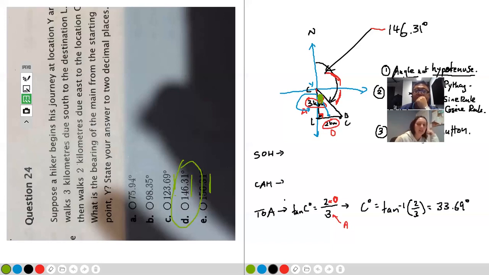If the question said state your answer to the nearest degree or minute, then you would use the bubble button. Yes, that's correct. But because it's saying 2 decimal places, yeah, lovely. And you can see my screen, right? Yeah. Cool. Okay, awesome. Well done.